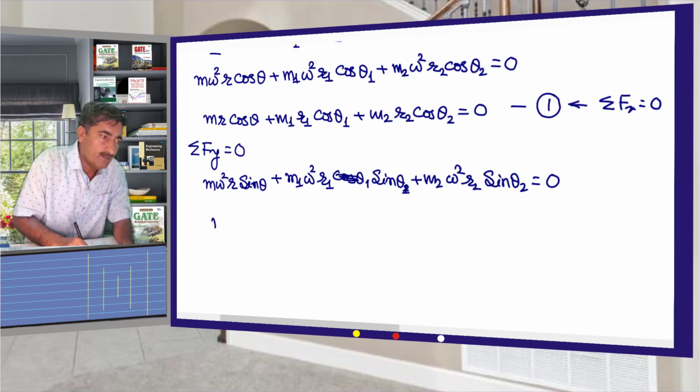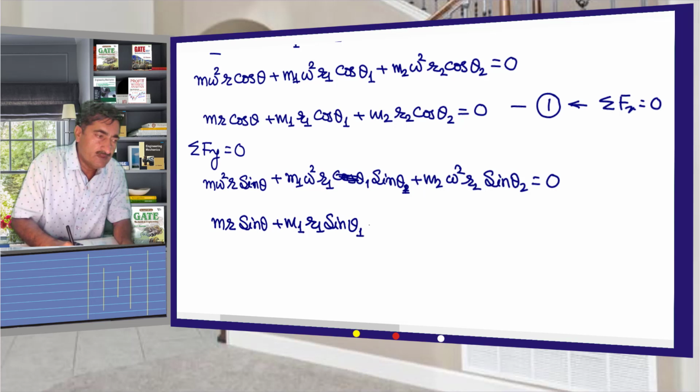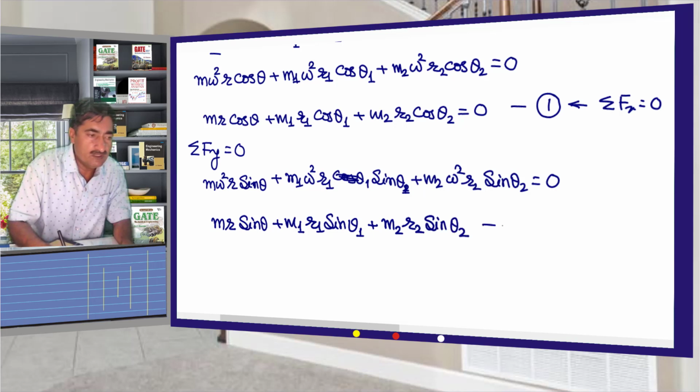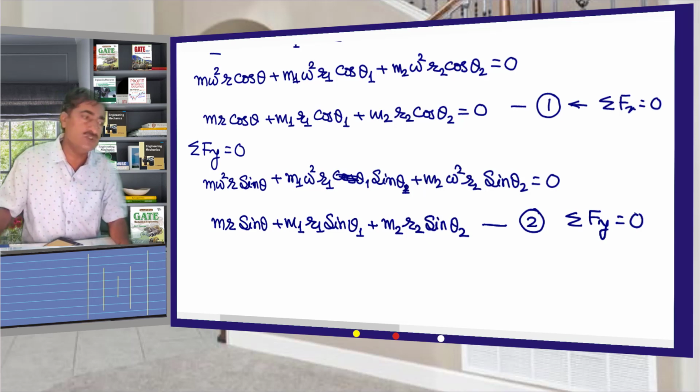Omega square cancels out, so we have m r sin theta plus m1 into r1 sin theta 1 plus m2 into r2 sin theta 2. This is equation 2. We get it from the resultant force in y direction equal to 0.